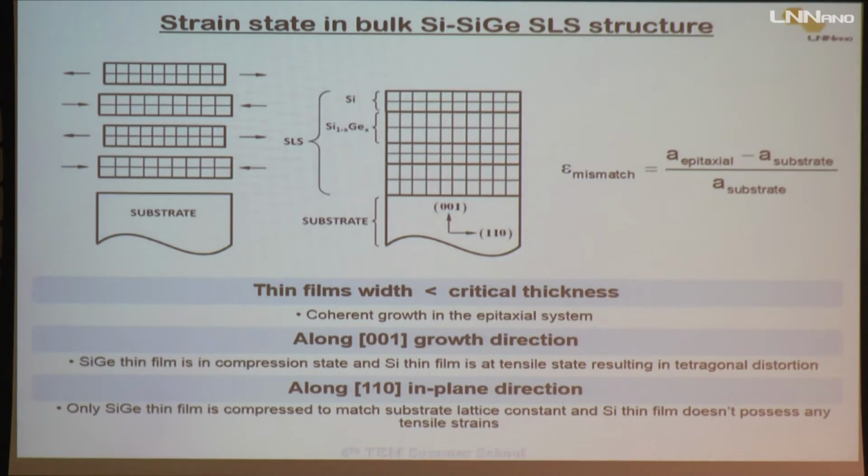However, the silicon in between the silicon germanium is expanded because it has a smaller lattice and needs to be matched to the silicon germanium lattice above it. So the silicon thin film is in a tensile state along the parallel orientation.